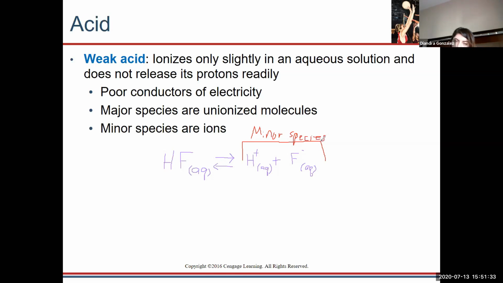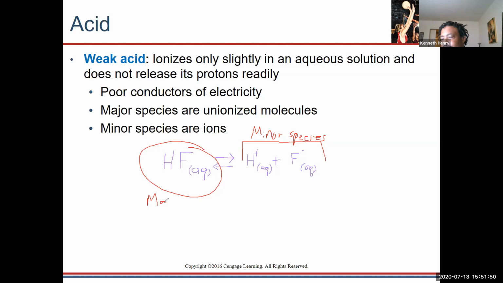They're unionized molecules. Aren't they lesser in abundance? It means less than, yes, in abundance. And so my major species is going to be this guy. Okay, simple.